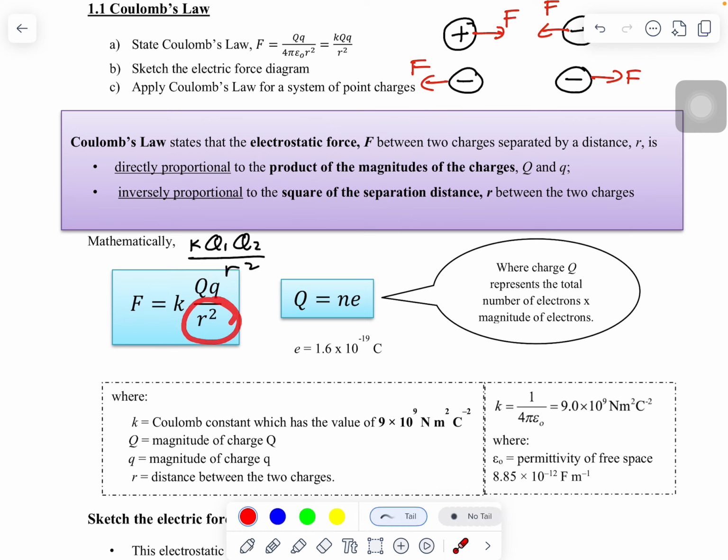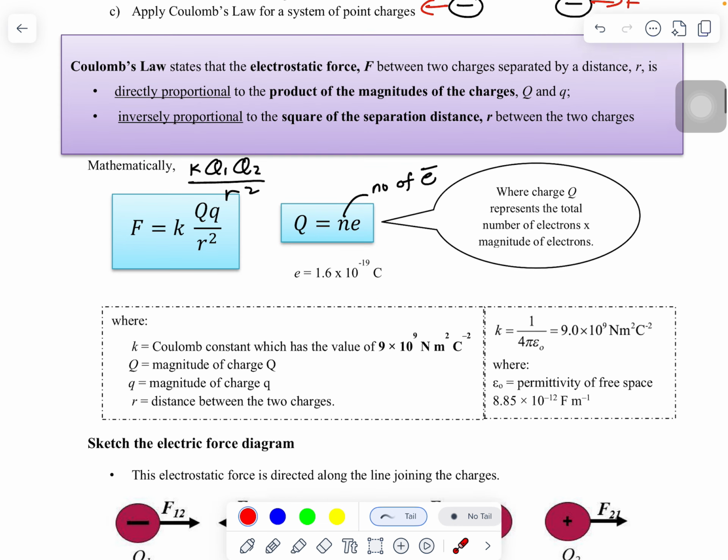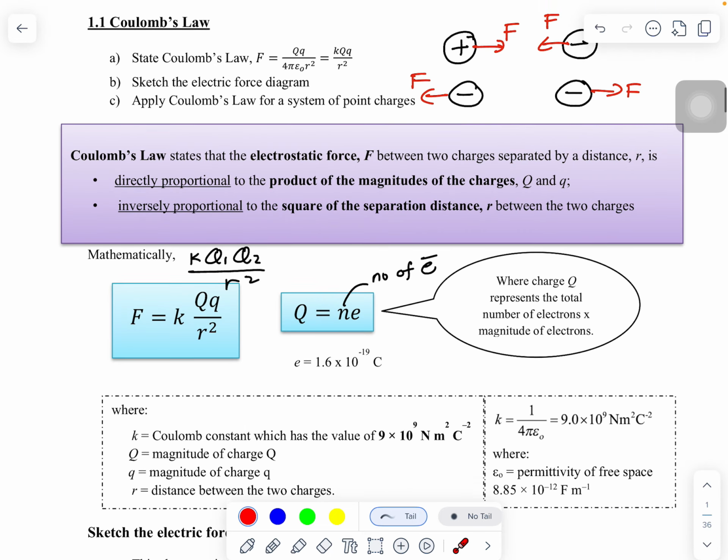R square is the distance between the two charges. Okay, so Q adalah charge, di mana formula untuk Q adalah NE. N adalah number of electron. E adalah electron charge, which is kita tahu electron charge adalah 1.6 exponent negative 19 Coulomb. Okay, so itu adalah Coulomb's law.